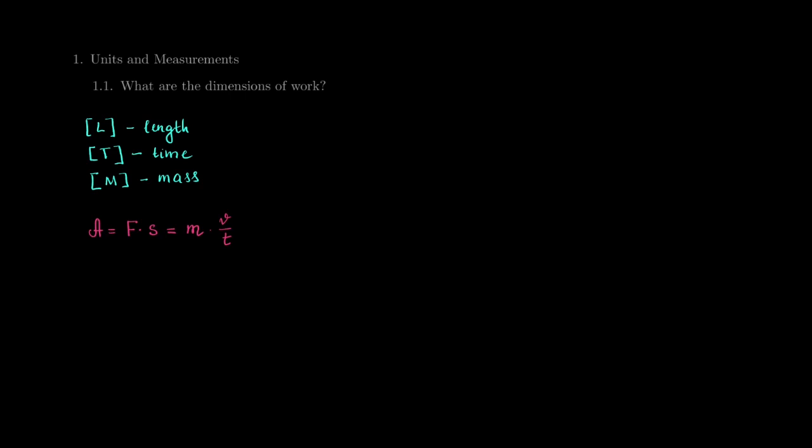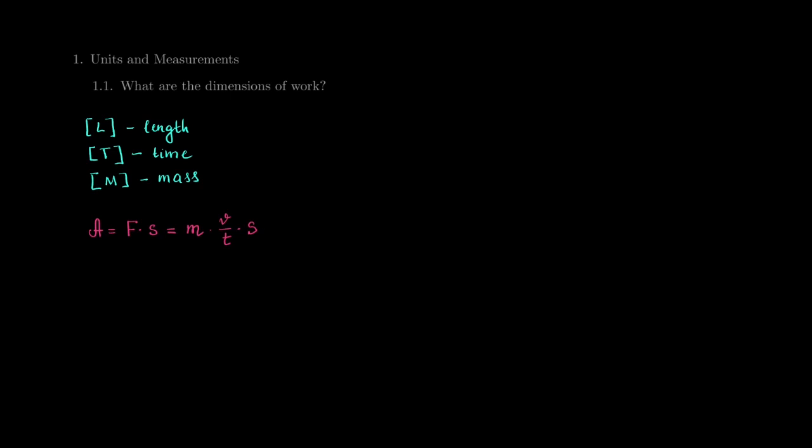Dimensionally, v divided by t and a have the same dimensions, so that's why we can write it like this, multiplied by S. Now you see M, T, S, they are all fundamental quantities. However, V is a derived quantity.